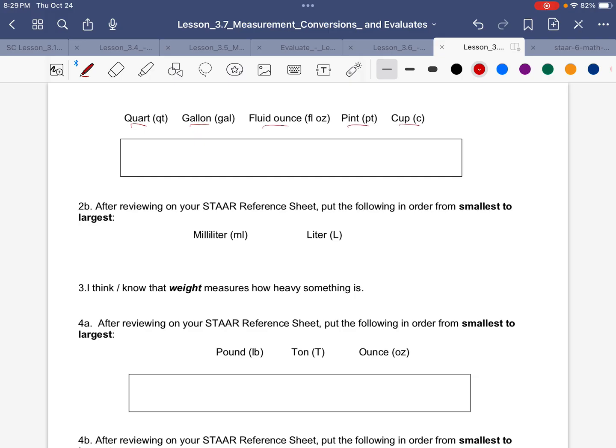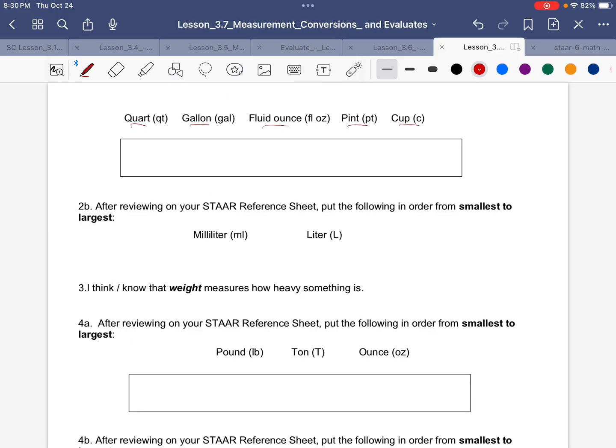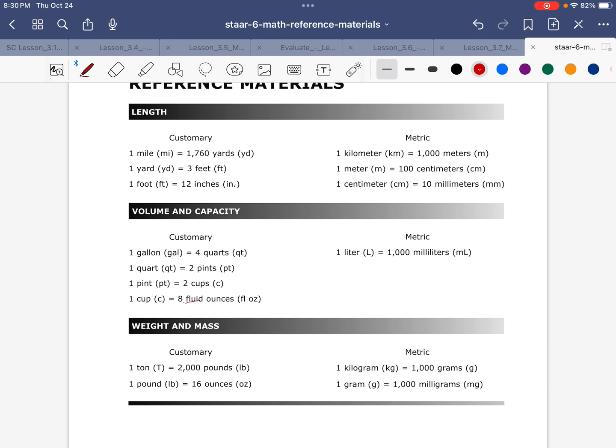Those are the ones we're going to put in order, from smallest to largest. So you should have your STAR reference sheet. It looks like this right here. And again, we're looking at all our fluid measurements, right? We got fluid ounces, cups, pints, quarts, gallons.